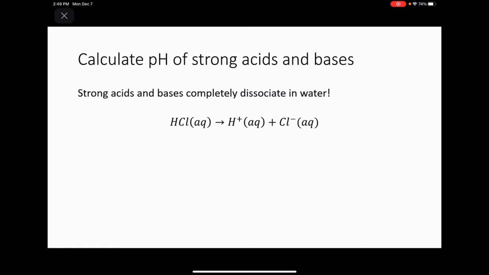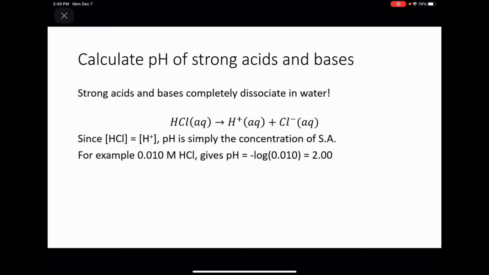And the chloride ion. So in essence, based on this, it's 1-to-1. For every HCl, we get an H+. So our pH is going to be the concentration of the strong acid that we put into solution to begin with. So if we started with, say, a 0.01 molar HCl solution, the pH would be the negative log of 0.01, which is 2.00.